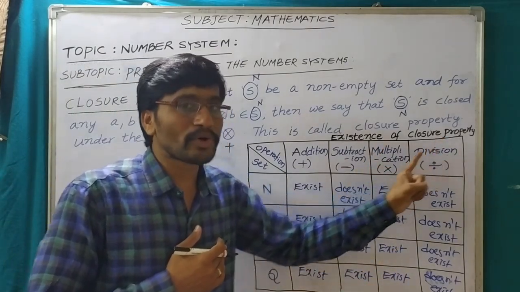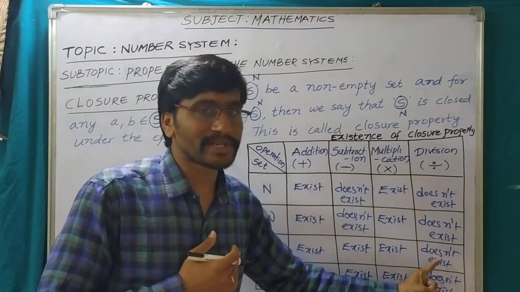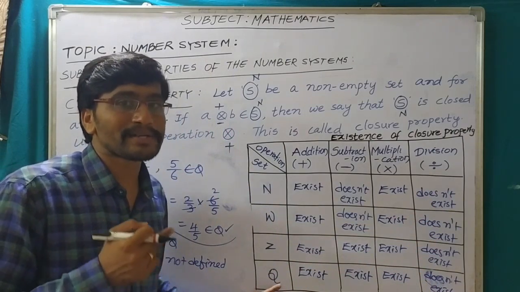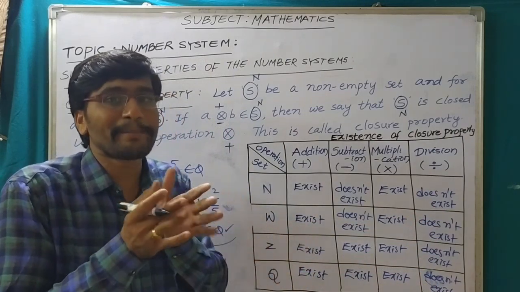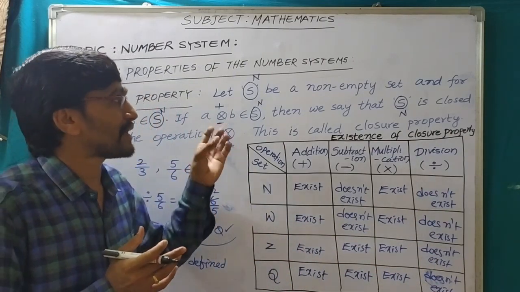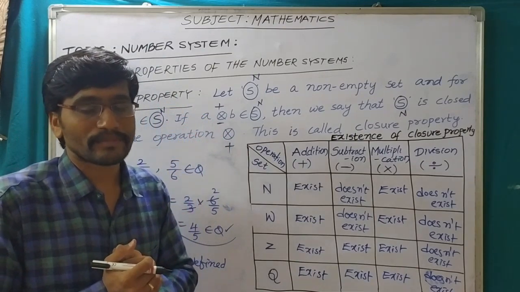Closure property does not exist for all these number systems under division. But closure property exists for rational numbers under division except 0. Okay, I hope you understand. Thank you. This is about closure property. Okay, thank you.